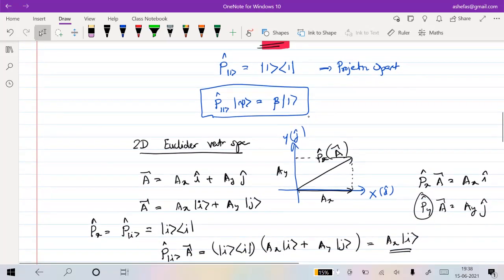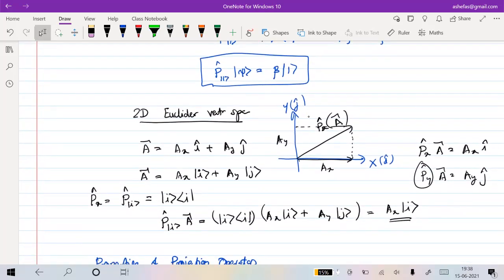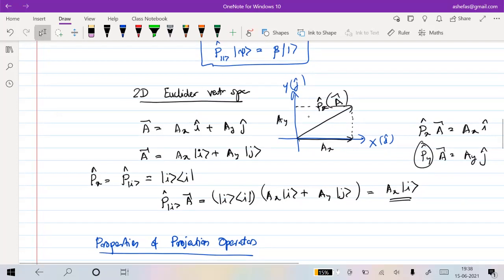In order to get a clearer picture for visualization, we considered a two-dimensional Euclidean vector space, that is the normal vector space. We showed the projection of the vector on the x-axis. So the projection operator on the x-axis acting on A gives A_x i, and similarly the projection operator of y acting on A gives A_y j.